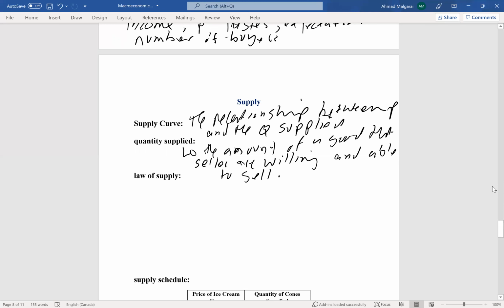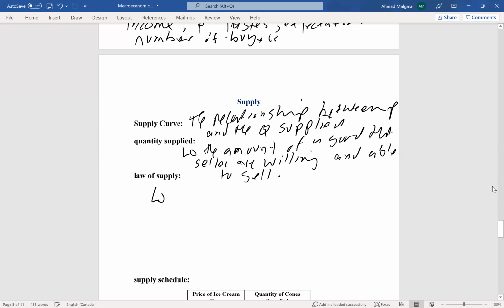So quantity supplied is positively related to price. The greater the price, the greater the supply. So what does the law of supply state?